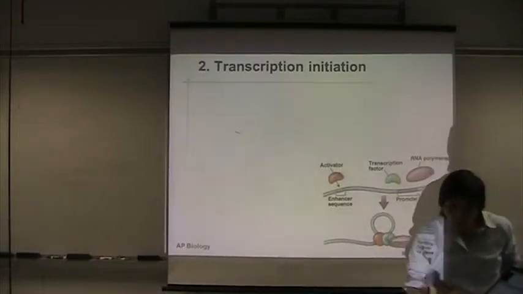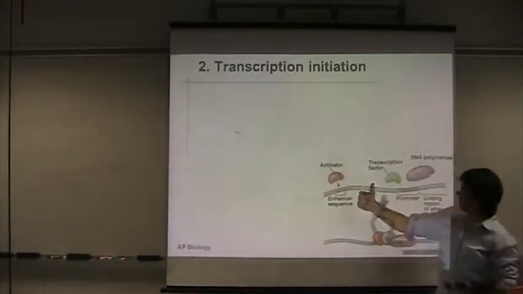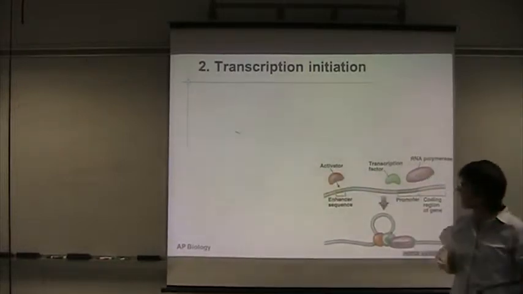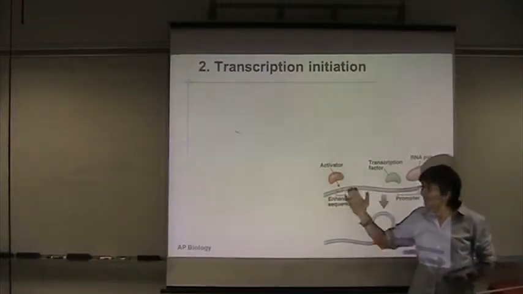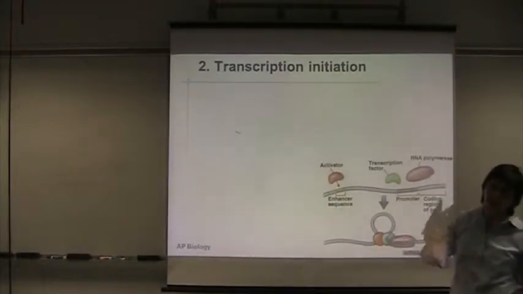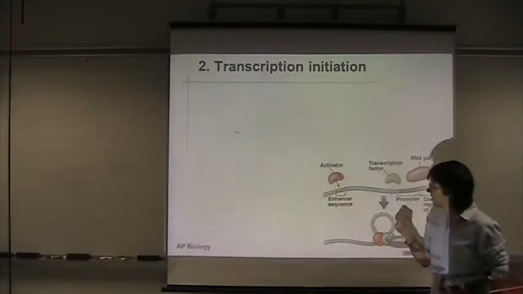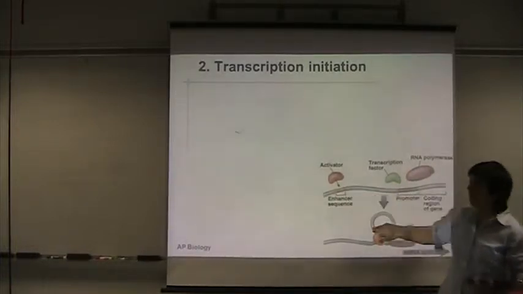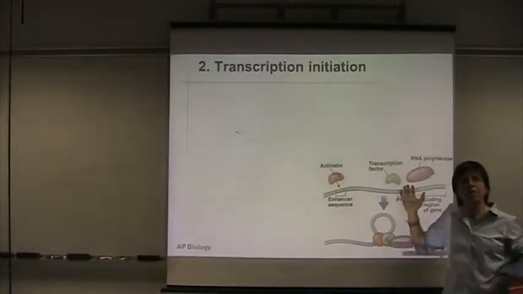Well, we have discovered too that upstream, since the genes are being read in this direction, upstream, going over there in the gene, there are other areas in our DNA that are called enhancer regions or enhancer sequences. The names are going to change a little bit. And these enhancer sequences are needed to basically activate the whole thing. We thought that, oh, just transcription factors is all you need.